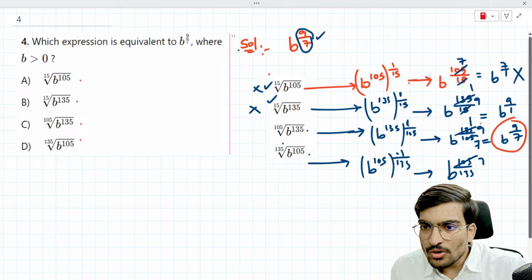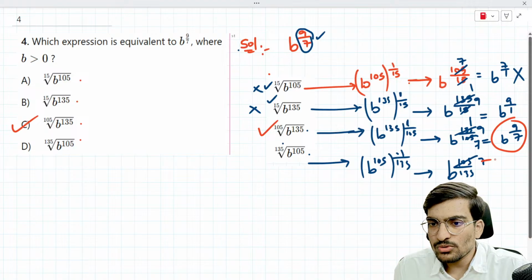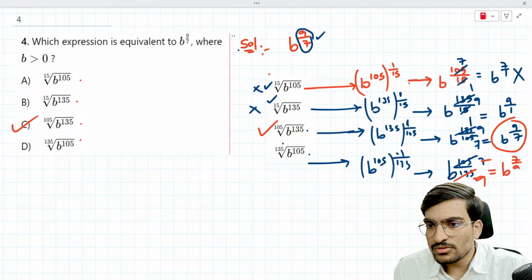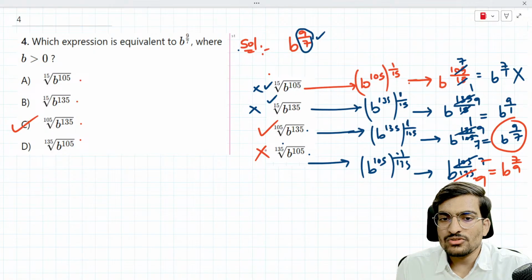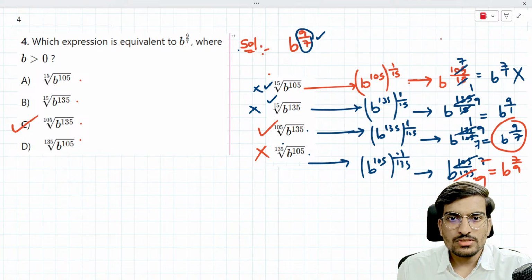So option C is right. So option D is not correct. I just thought the exponent was 7 by 9 and assumed that option C was wrong. Done, option C is right actually.